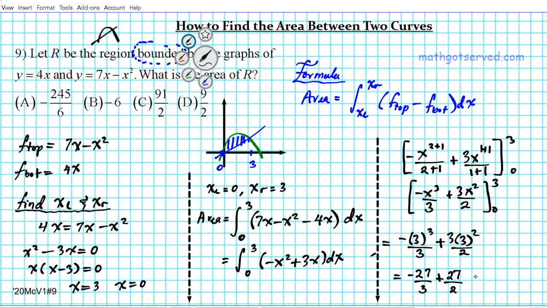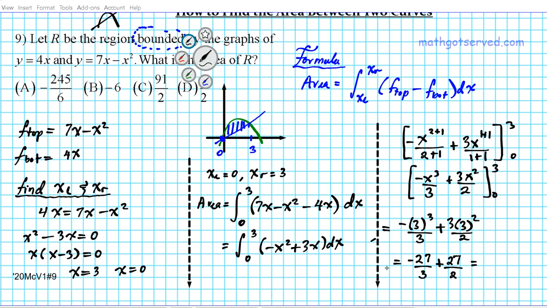And then we can simplify this further. This becomes, 27 over 3 is 9, so we have negative 9 plus 27 over 2. All right, so make this into a fraction, times this top and bottom by 2.